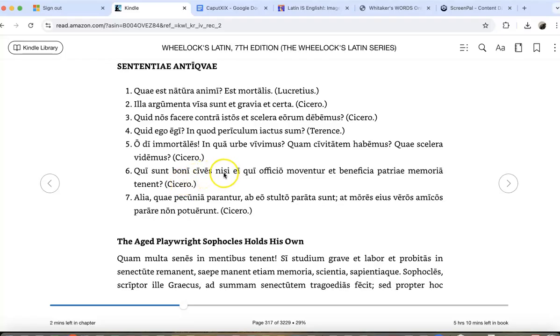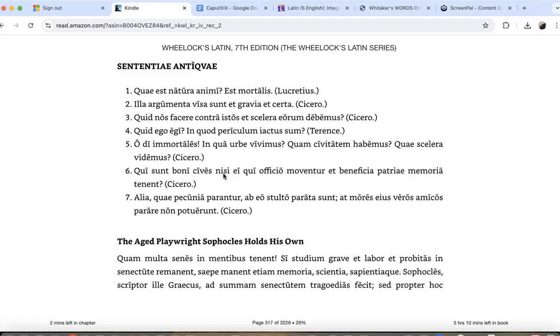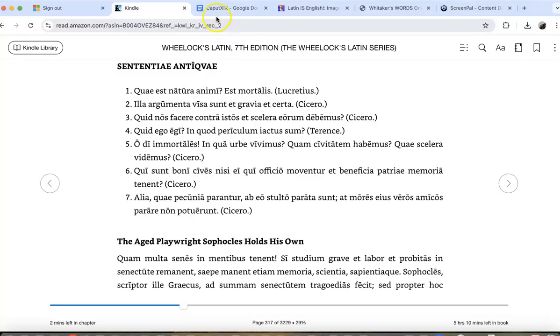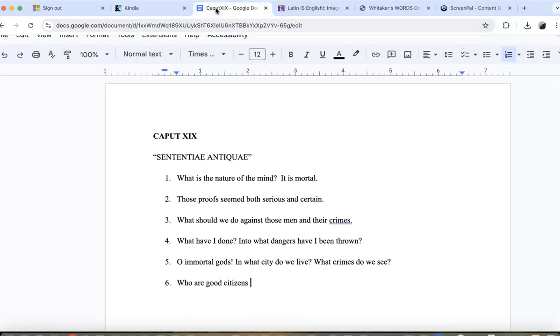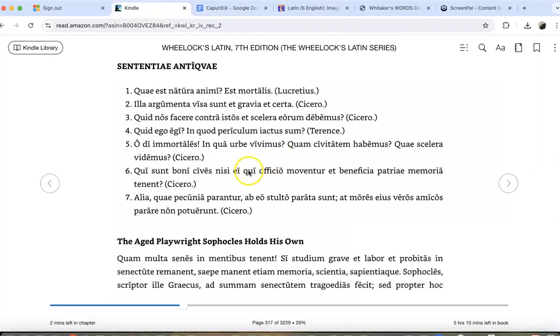Nisi is simply means except, so it's simply just being used as a preposition. This part is a little bit tricky. Except those who are moved by duty. Let me write this out and then I'll explain it here. This one is a little bit tricky. It helps to chunk Latin, if you will.